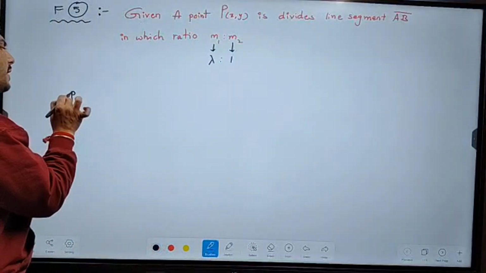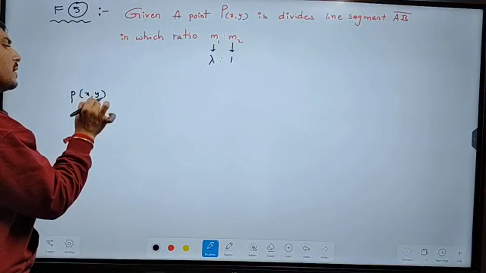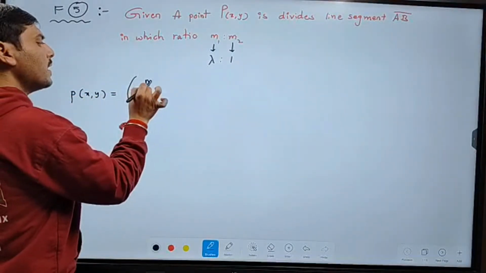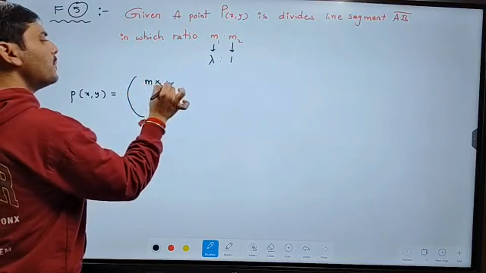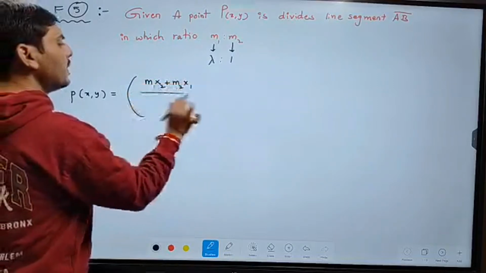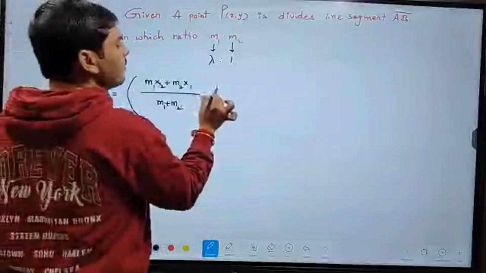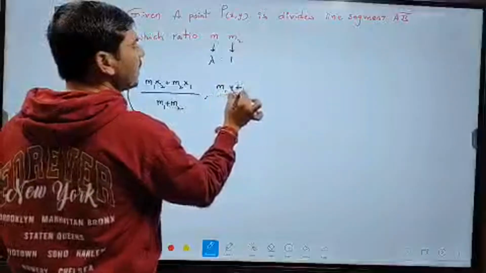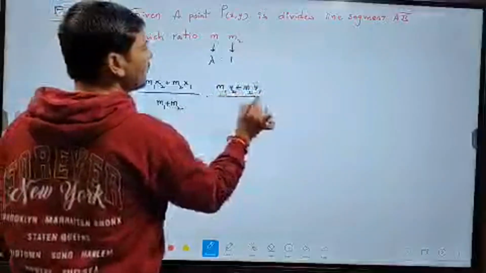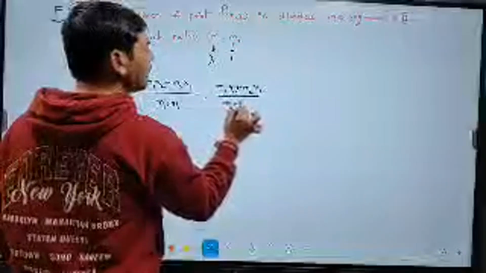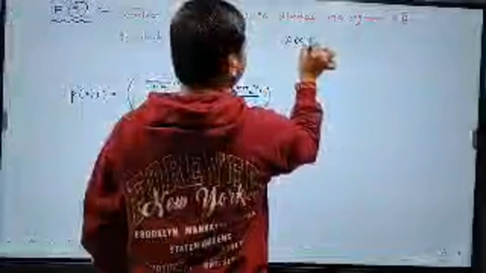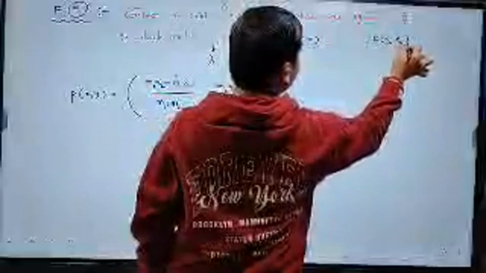Listen, students. P x comma y is equal to, your formula tells me, (m1 x2 plus m2 x1) by (m1 plus m2), comma, (m1 y2 plus m2 y1) by (m1 plus m2). Now what are capital A and capital B? Capital A is x1 comma y1, capital B is x2 comma y2.